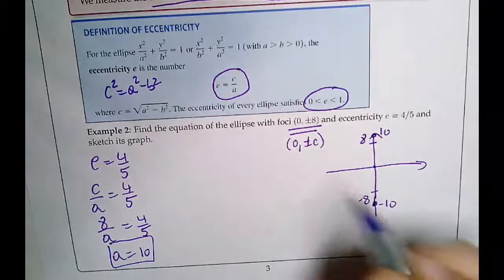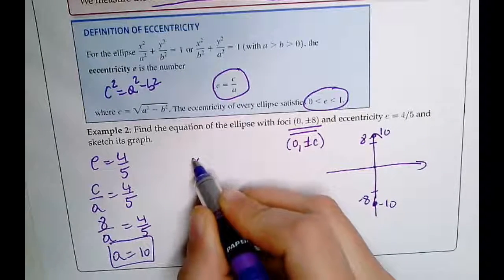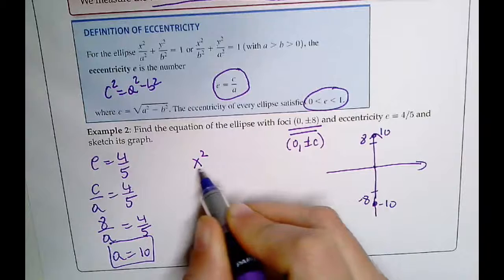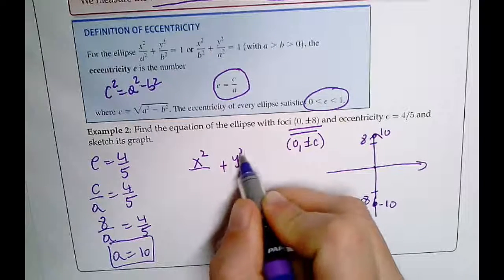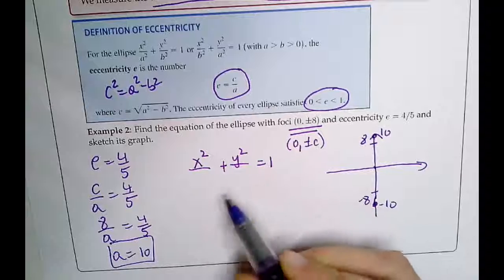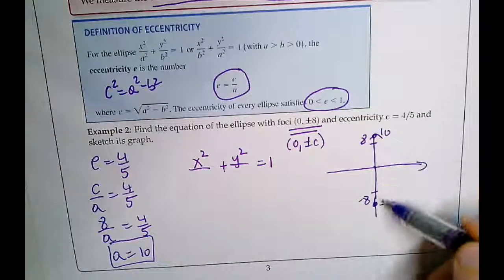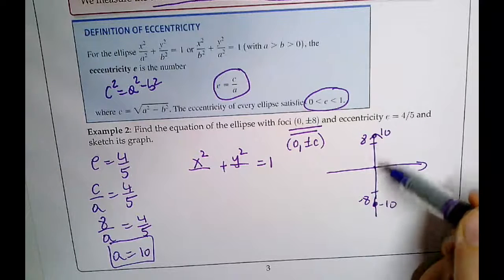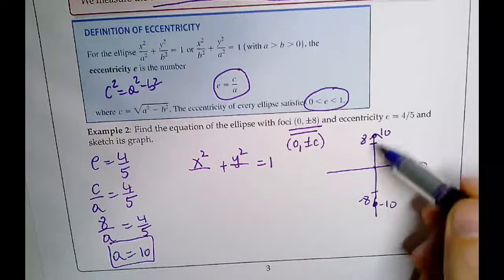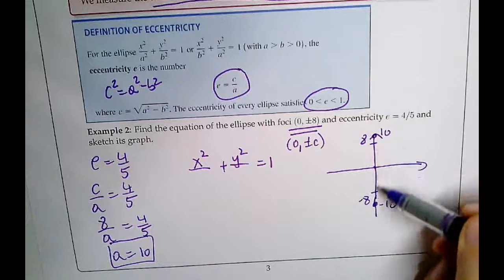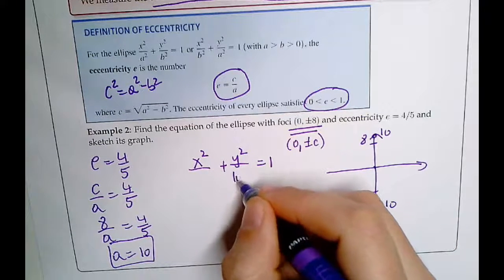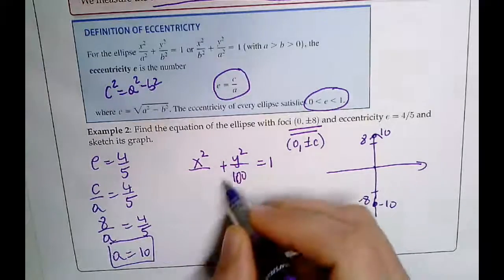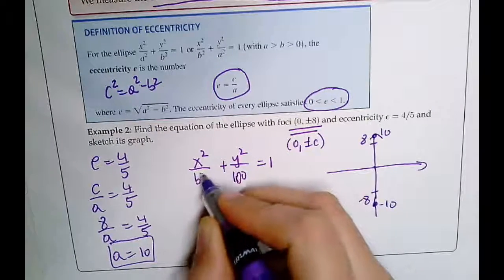So far, our equation is going to be x squared. What should I put in here, A or B? So the foci are on the y-axis. So the highest denominator, A, is going to go with the y. So it's going to be 100 because A squared is 100. And then the B squared is there.